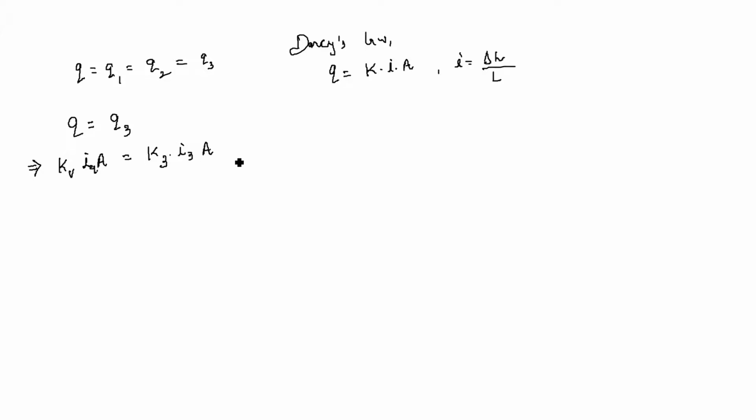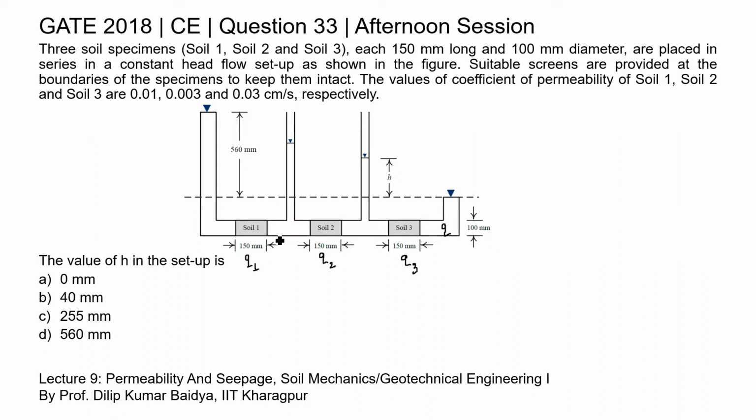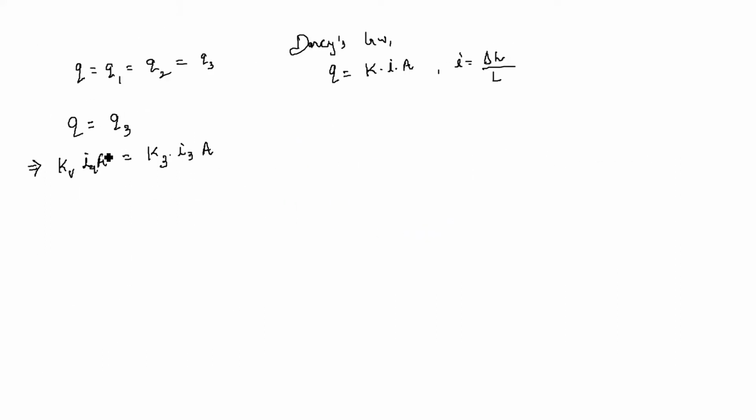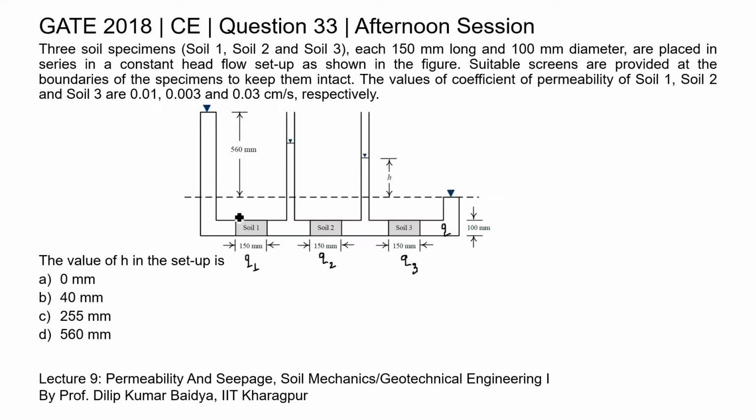Since the cross section of all the soil samples is the same, and the cross section of the setup containing all the soil layers is the same, A will be the same in both equations. Now Kv is 9 by 1400, into the equivalent hydraulic gradient, which is the head difference from soil 1 to soil 3.